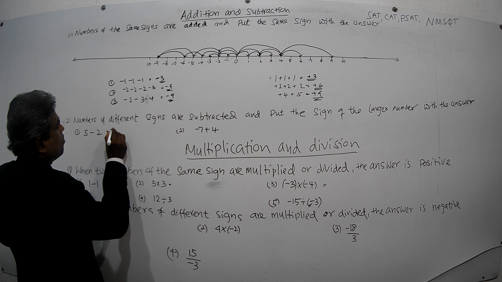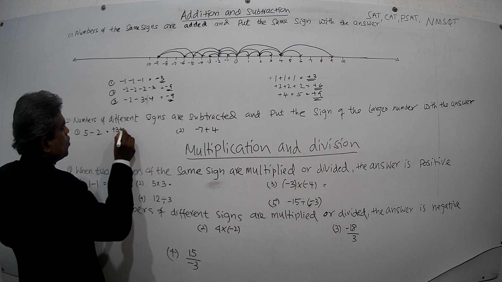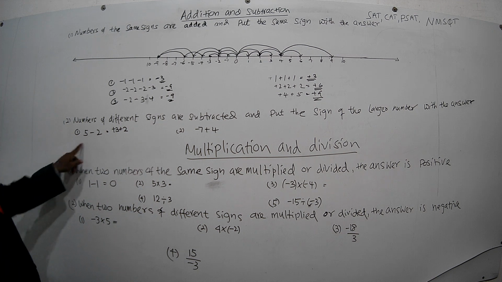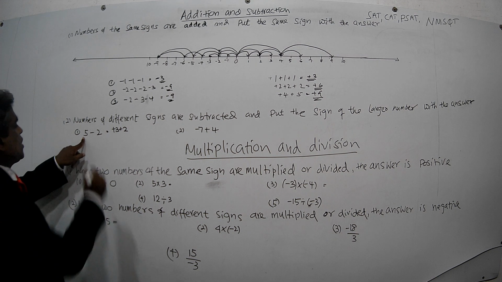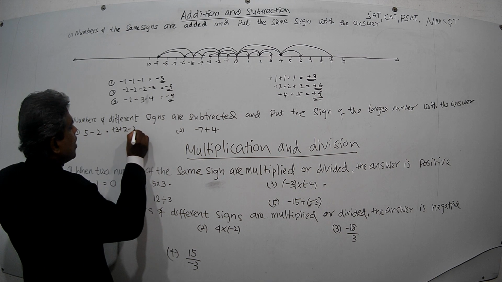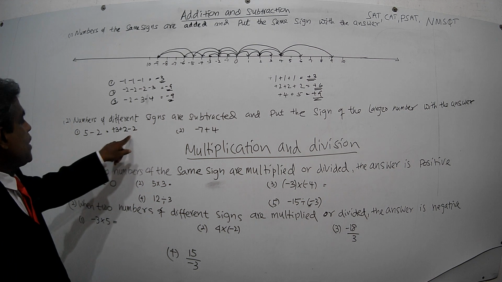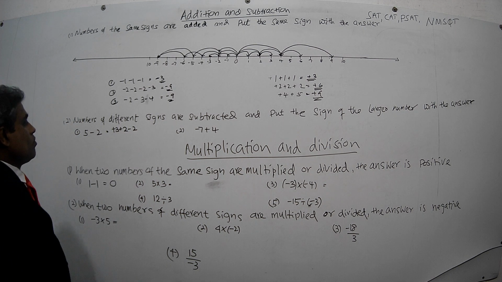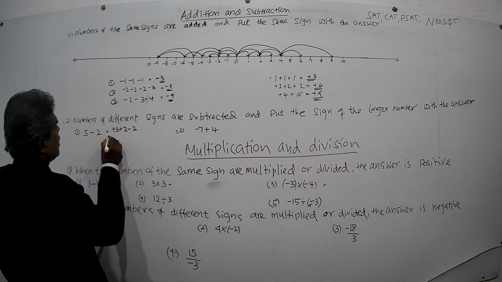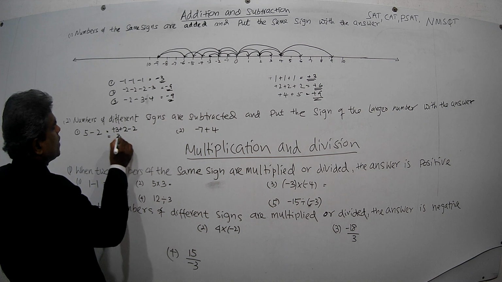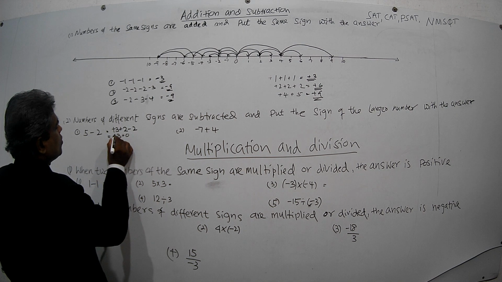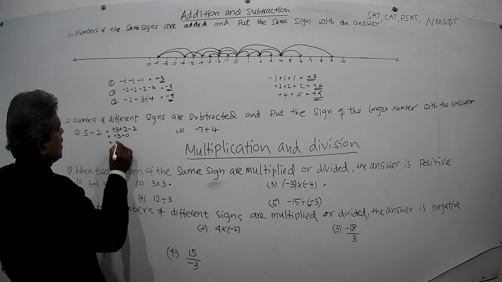Then you write this negative 2 there. Right. Now 2 minus 2, how much? 0. Then 3 plus 0. Then the answer, 3 plus 0, means plus 3, nothing else.